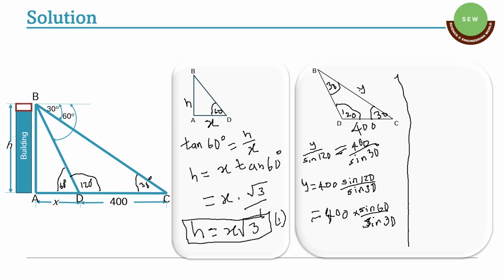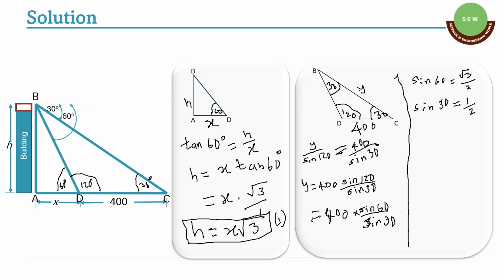Again, we know that sine 60 degrees equals root of 3 over 2, and sine 30 degrees equals 1 over 2.